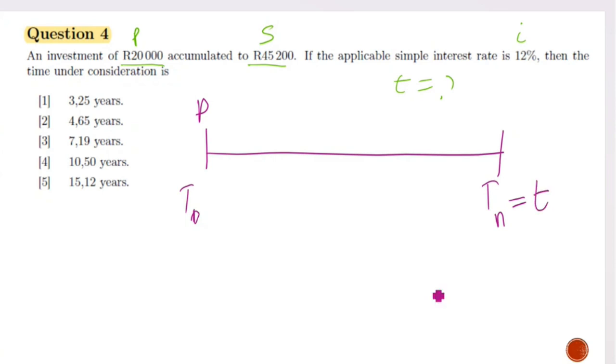It has accumulated to your future value. That is your S. Your S here is equal to 4,500, and then the interest rate, your I, is equal to 0.12. There's nothing compounding. So when you write this in a timeline, it's straightforward. Nothing is compounding yearly or monthly or whatever. It is just one interest rate throughout that period.